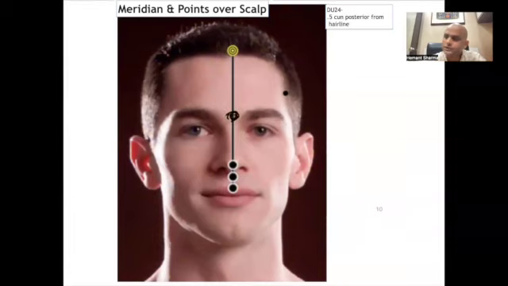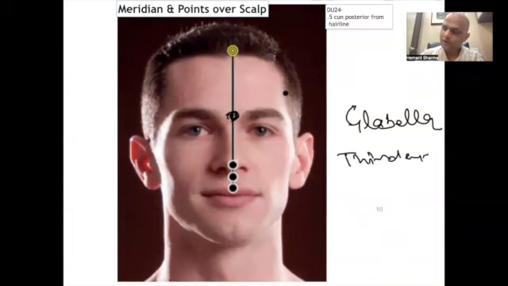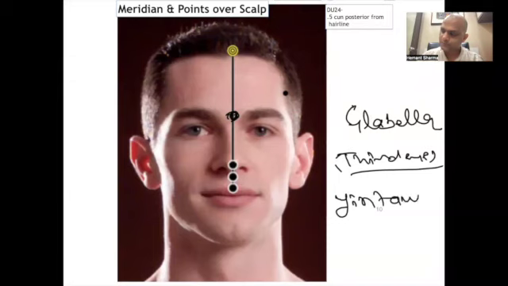The name of this part is glabella, G L A B E double L A. In normal language we call it the third eye. Or as per acupuncture, this is the tranquilizer point. And the name of this point is yin tang as per acupuncture. So this is a very important point. The name of this point is glabella, right?